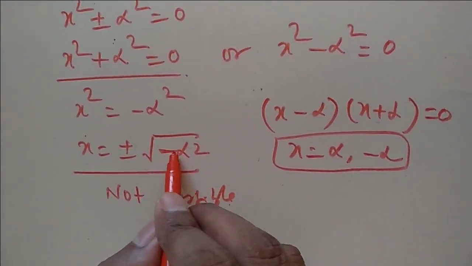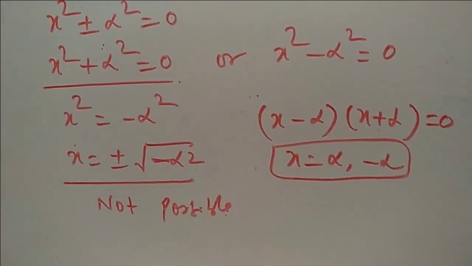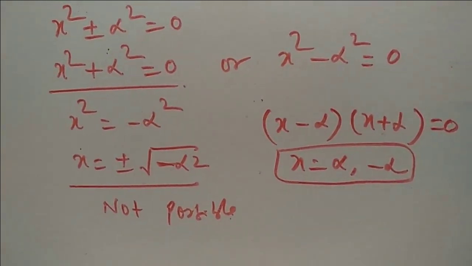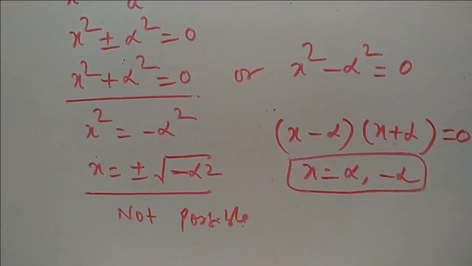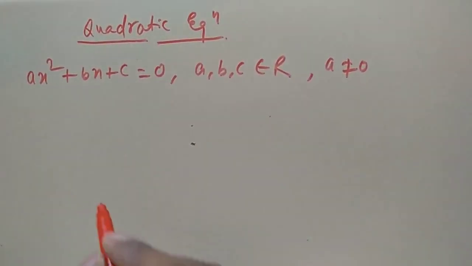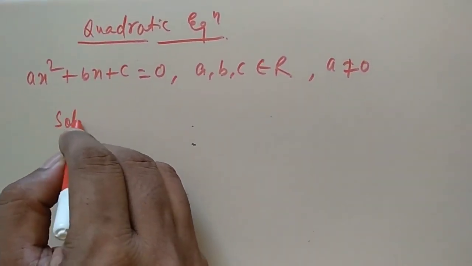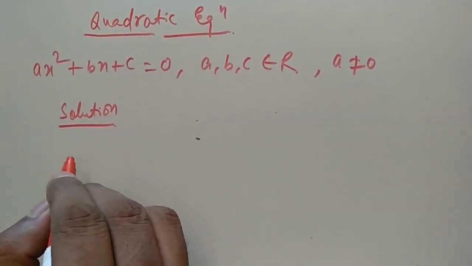One is positive, another negative. The negative of a square root doesn't give you a real number. That is the beginning of complex numbers, which is not the core concept of this video. This we may discuss in some other video.